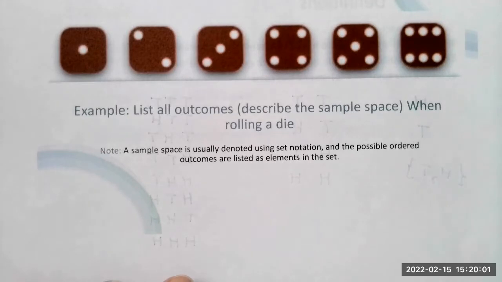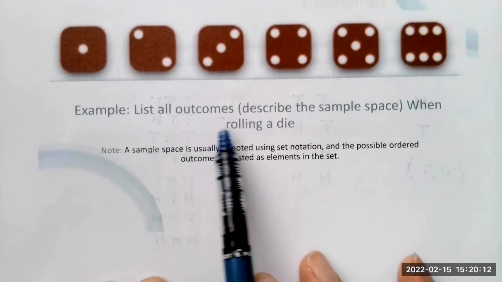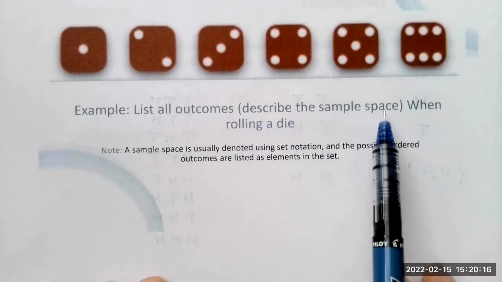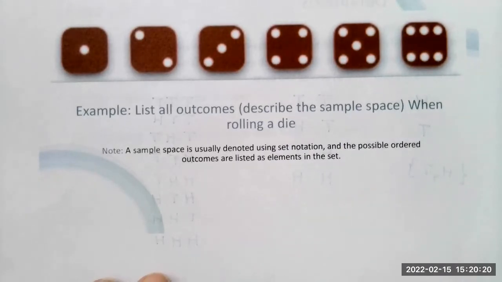Okay, next example, list all outcomes when rolling a die. By the way, it could be worded in different ways. One of the ways is list all possible outcomes. Another possibility is to describe the sample space. It means the same thing. Basically, describe all the possibilities.